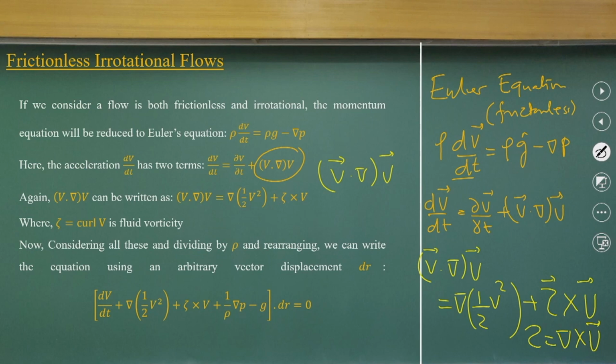If I expand this, I get the terms we are always familiar with, half V square, and a new term, tau star cross V, which is the cross product between the vorticity, the curl V, and the velocity V. That expansion we are getting here.